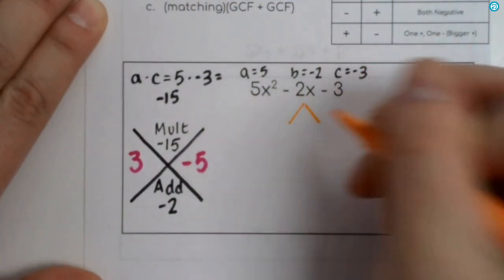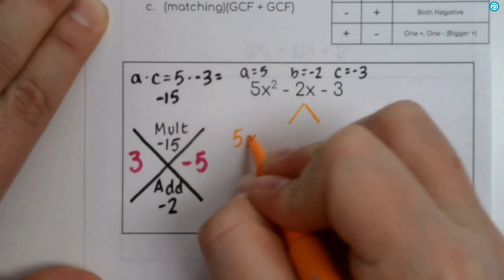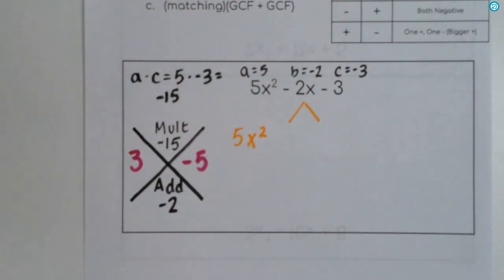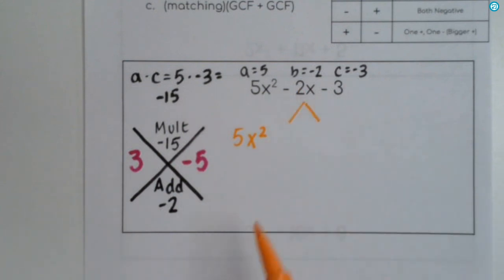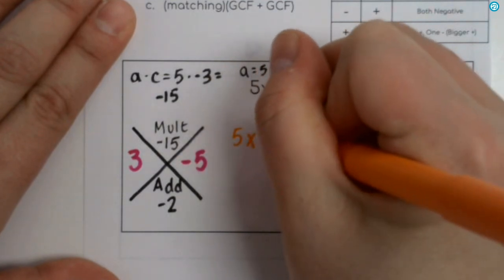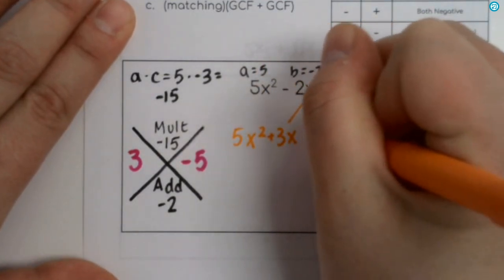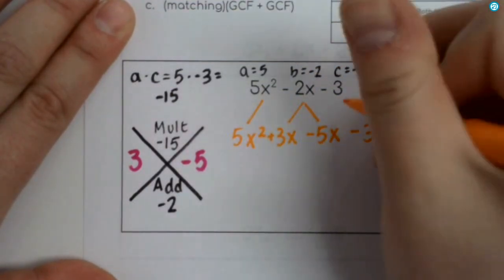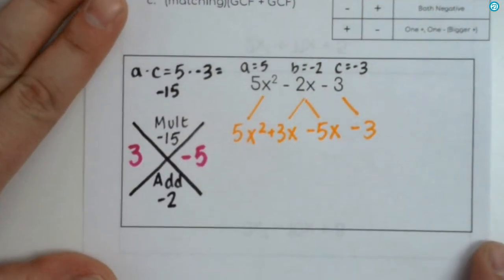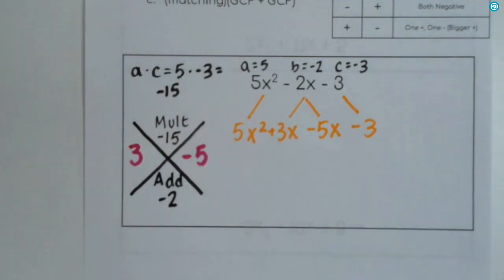So my 5x squared stays the exact same, and then instead of minus 2x, I'm going to have plus 3x minus 5x. And then I still have my minus 3. So 5x squared stays the same, minus 3 stays the same, and I'm splitting up those other ones.